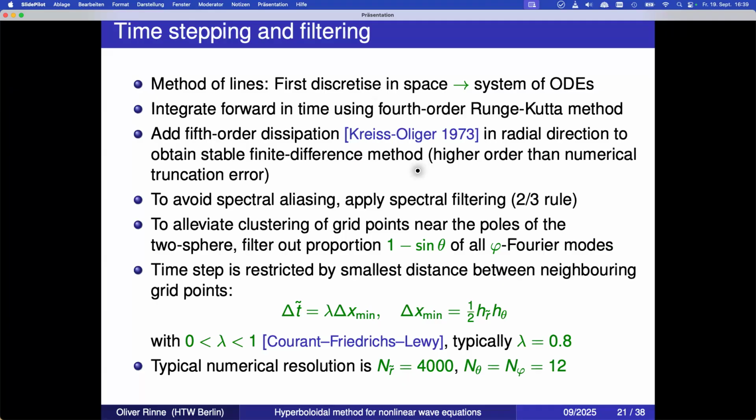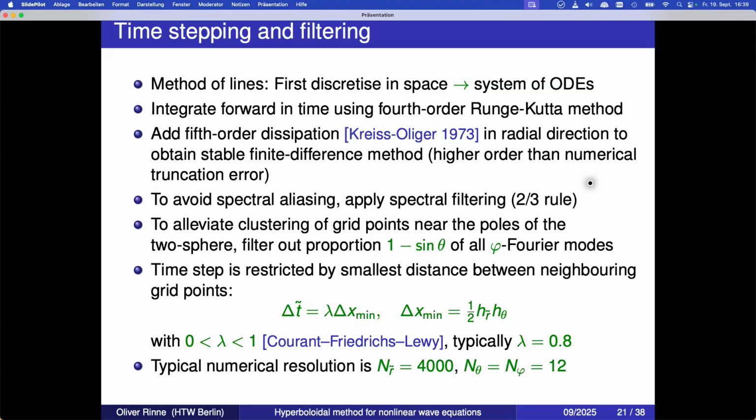Now, concerning the spectral method, there's also a problem because there's spectral aliasing, which means that certain high frequencies can be misinterpreted, because of nonlinearities, as low frequencies. And then there can be growth of these frequencies, leading to instabilities. And this can be remedied using spectral filtering. And the filtering rule which is most often applied is called the 2/3 rule.